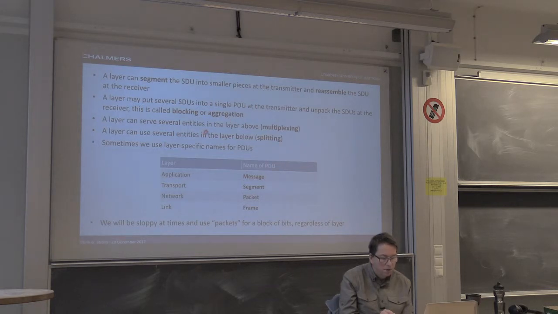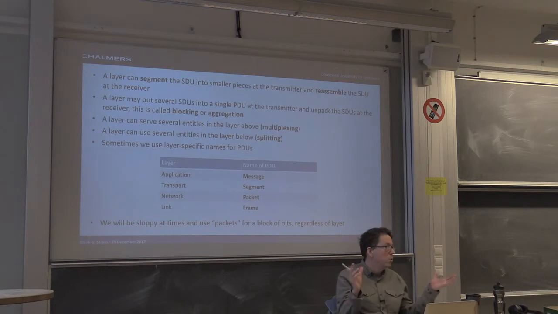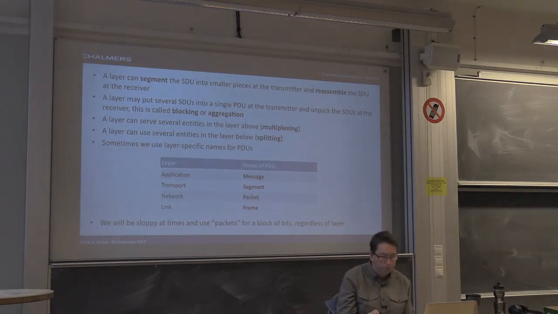A layer can serve several entities in the layer above, so that's multiplexing, or use several entities in the layer below, that's called splitting. Sometimes we have specific names for PDUs: message, segment, packet, frame for these layers. But if we just say packets in general, it just means a block of bits that belong to each other, regardless of layer.